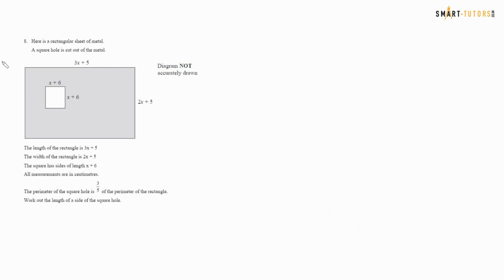Question number 8. Here is a rectangular sheet of metal. A square hole is cut out of the metal. So the lengths are given, everything's marked, and the relationship is given here: the perimeter of the square hole is 3/5 of the perimeter of the rectangle. So perimeter of the square, all four sides are equal, same as what we did before.